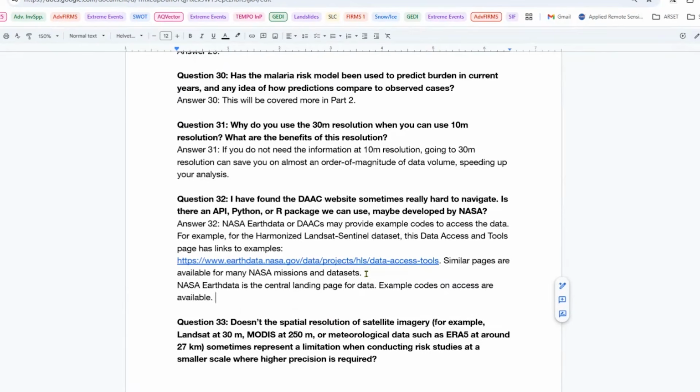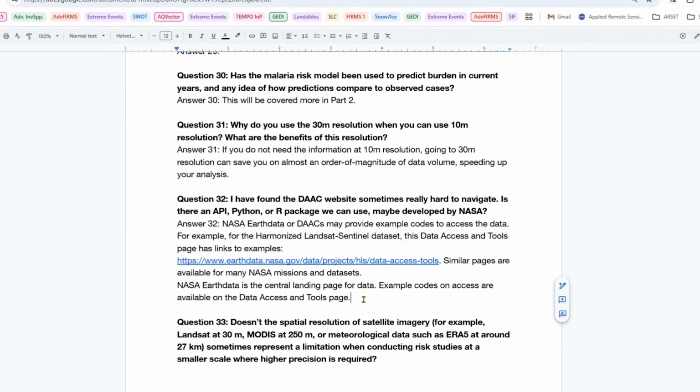The data set itself basically combines these two data sets together and harmonizes them. If you go to that page, there's an option for data access and tools. If you click on that and scroll down, there are a couple of links with examples of code developed by the DAAC that stores the data, showing how to access the data.